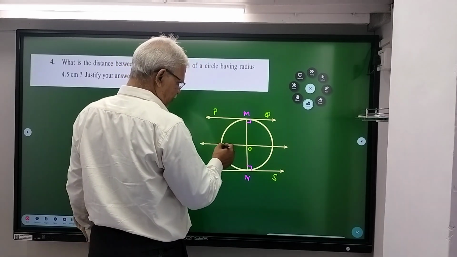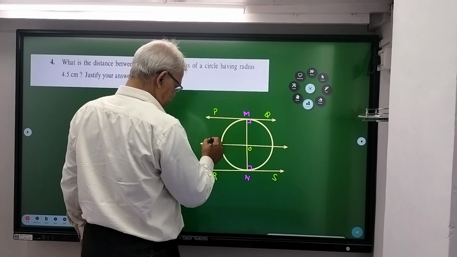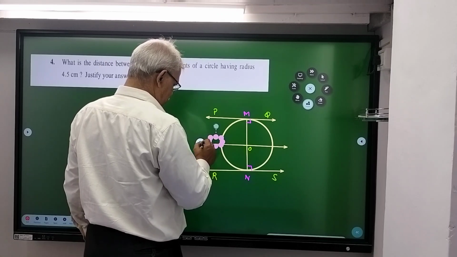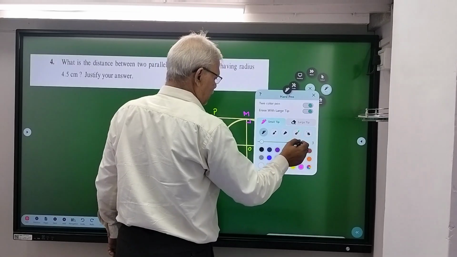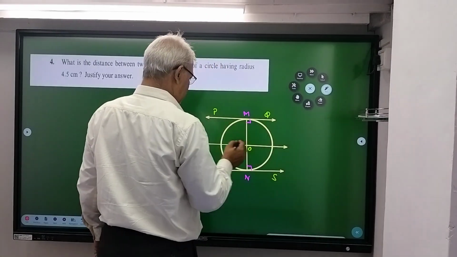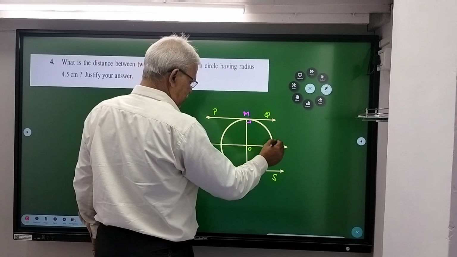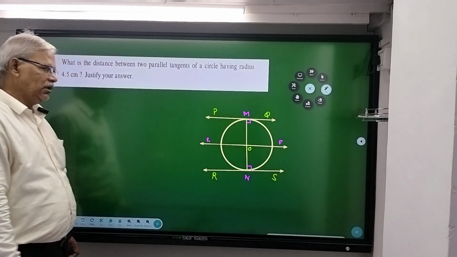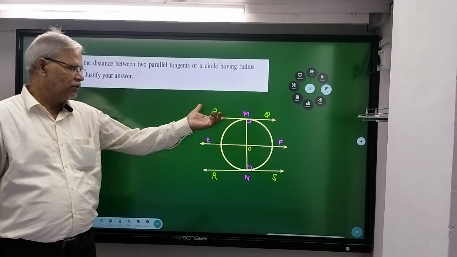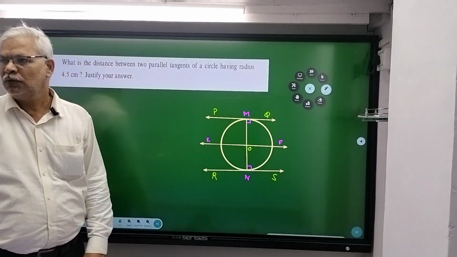Now name it, suppose this is your EF. I'm writing here, this is E and F. Okay? EF is parallel to PQ and therefore it is also parallel to RS.